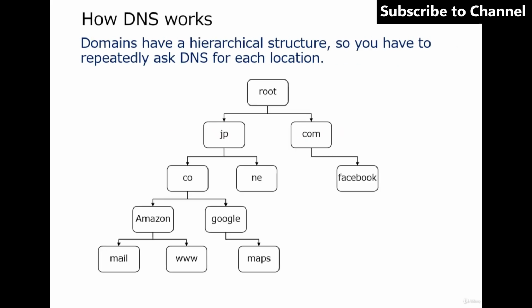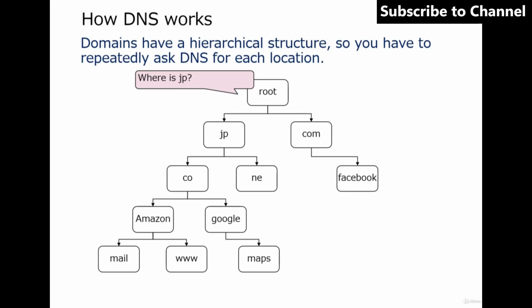Because a domain is hierarchical in this way, you'll ask many DNS servers where to find each element in the domain. The root directory is the first DNS to which you'll ask the location of the website. For instance, you'll ask the location of .jp.